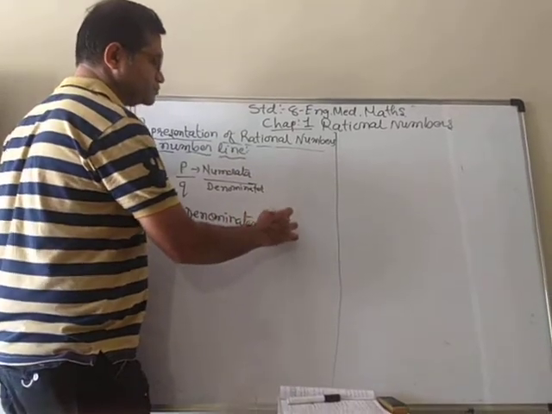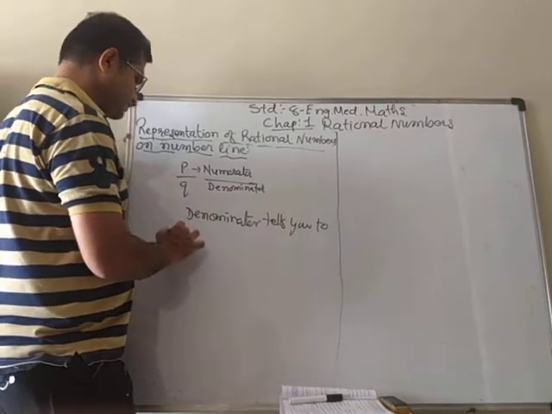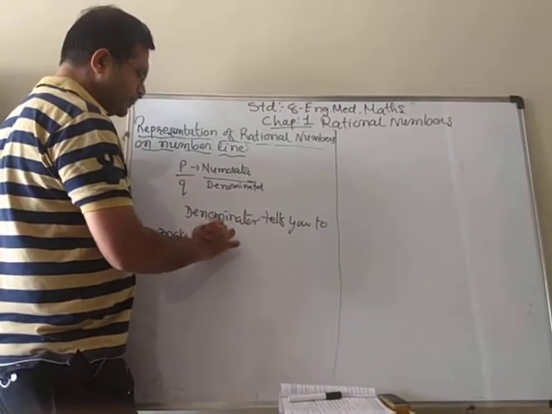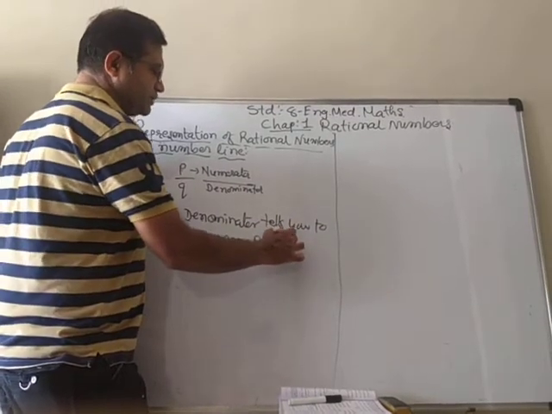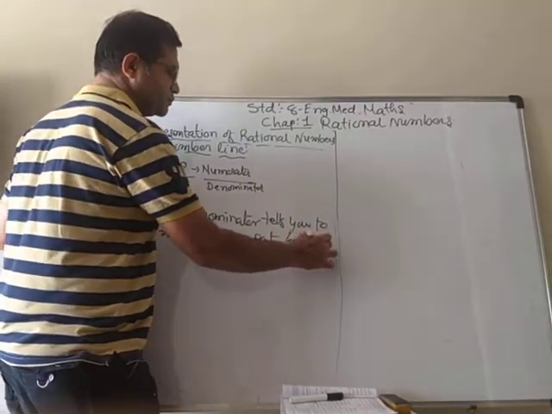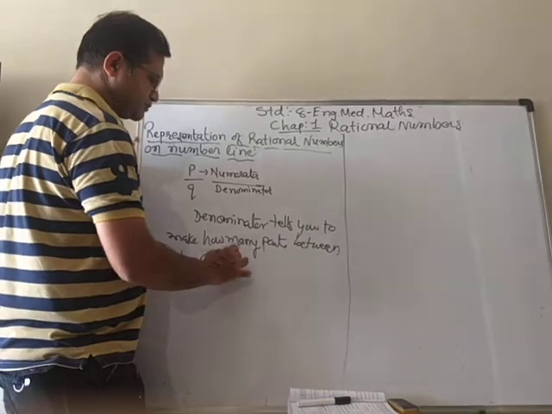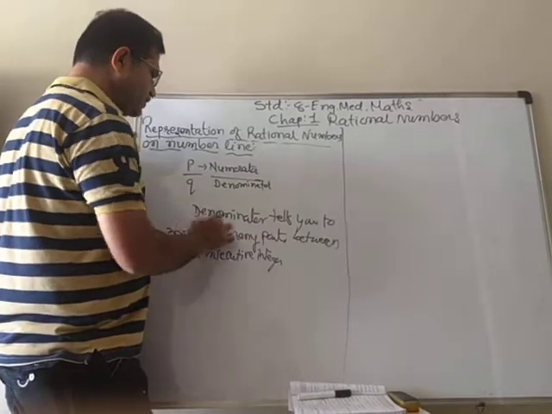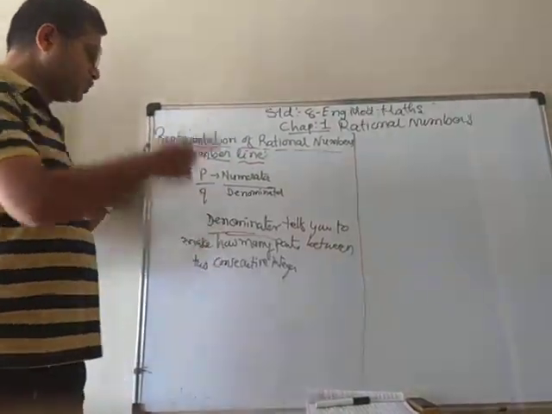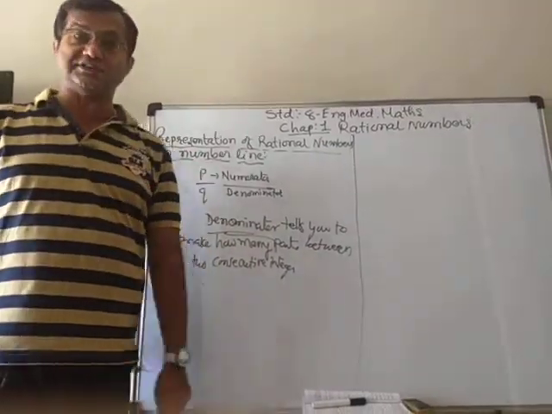So the denominator tells you how many parts to make between two consecutive integers.